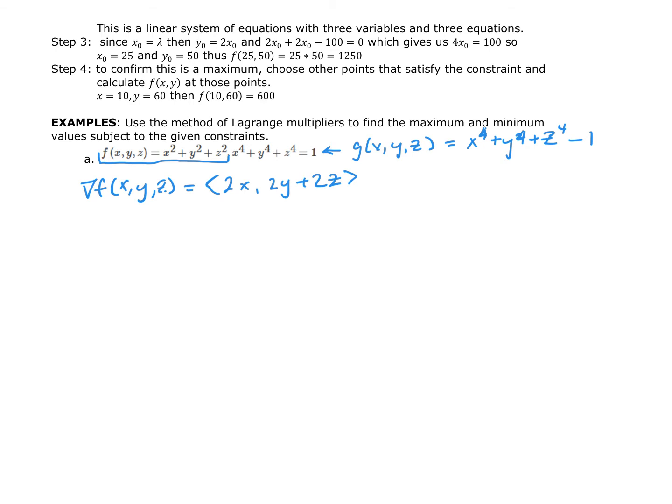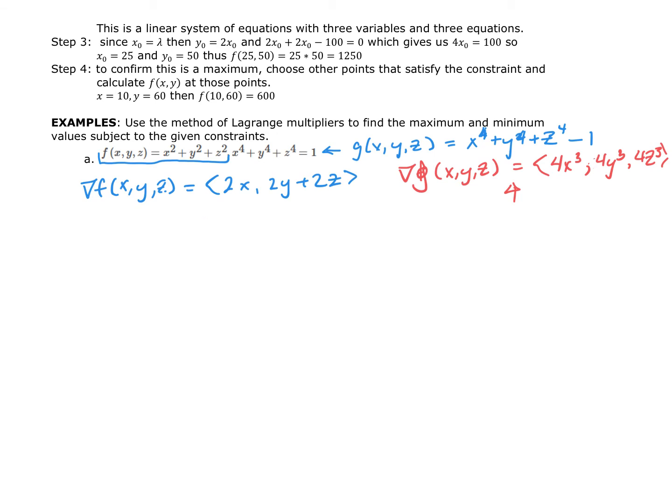I'm going to find my gradient of g, which is going to give me 4x cubed, and then 4y cubed and then 4z cubed. So again, this is my constraint right here, and this is what I'm hoping to optimize.